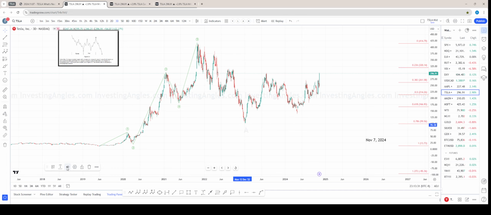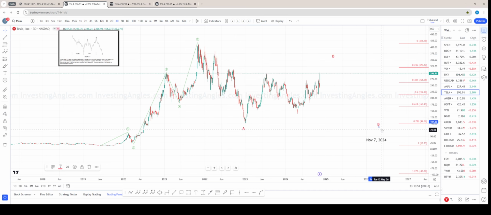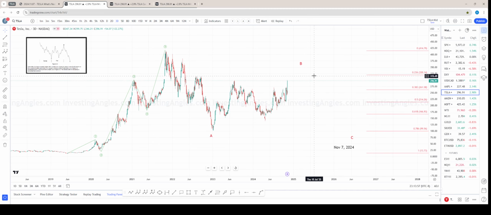So this is going to be our letter A. Let me change the color. Yes, so this is our wave A, this is our perspective wave B, and then we are talking about the possible wave C, which will go this way, right?